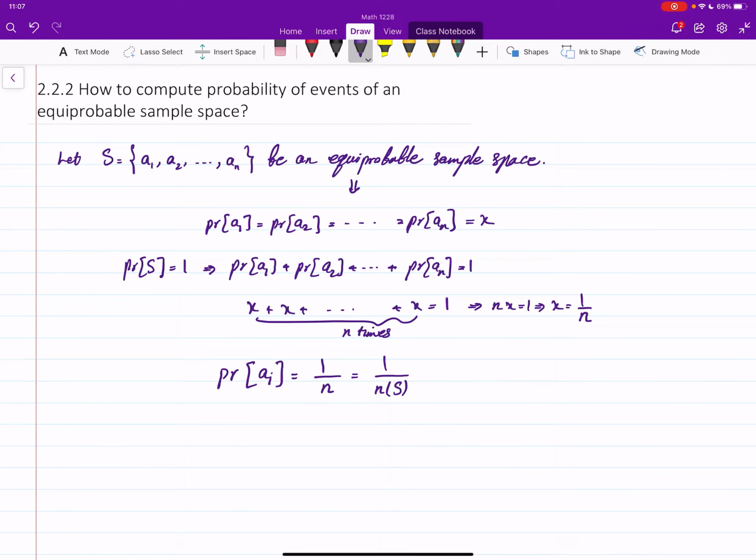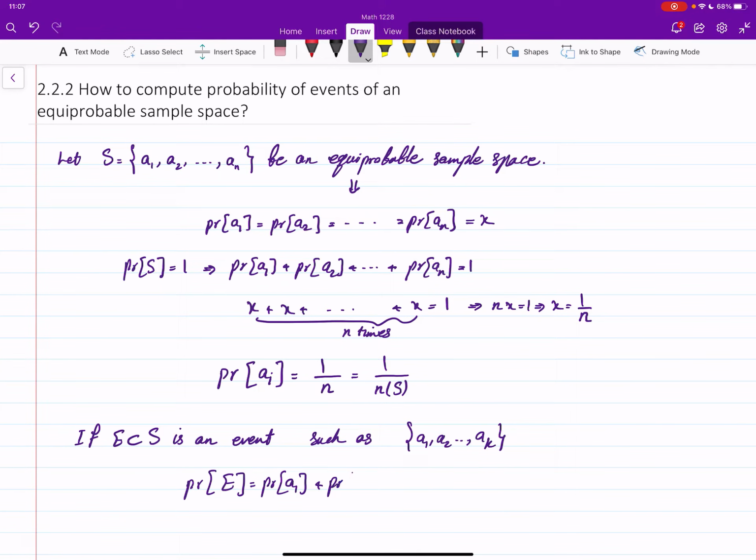Now, if E, a subset of S, is an event, well, it could be different things. But now if you're looking for, let's say, I pick A1 up to AK, then the probability of event E is the probability of A1 plus the probability of A2 up to the probability of AK.